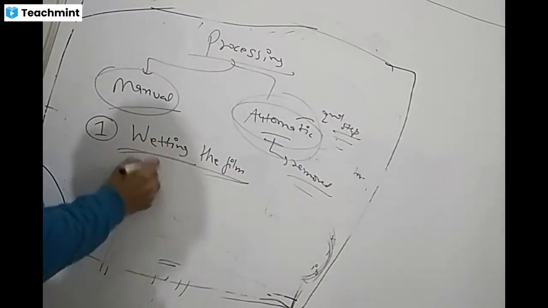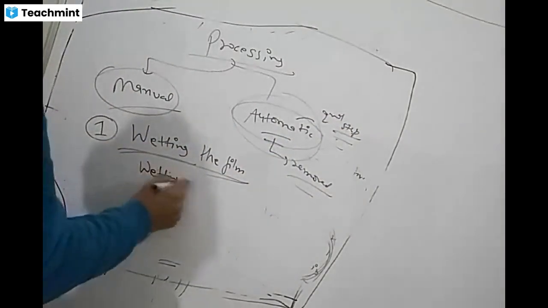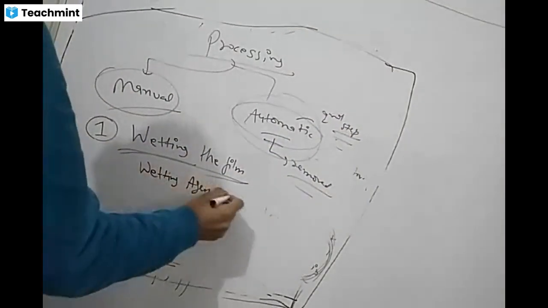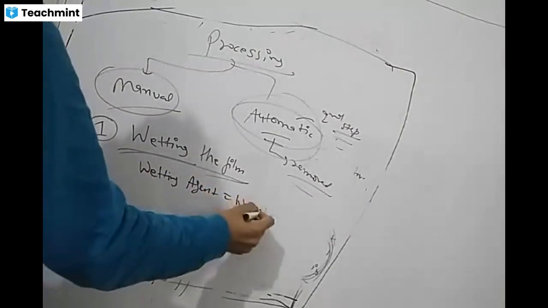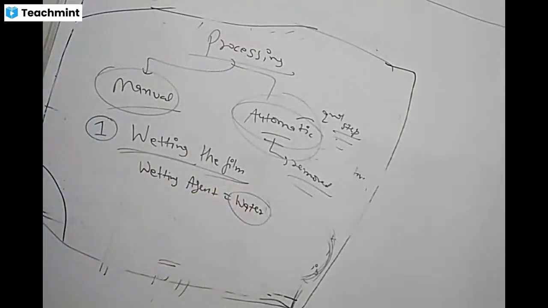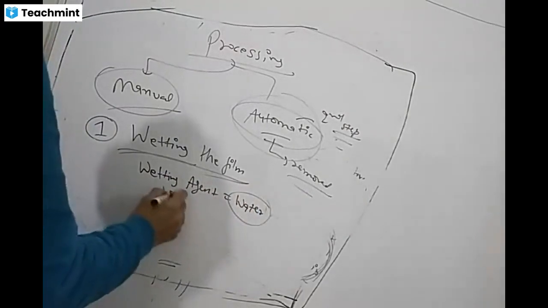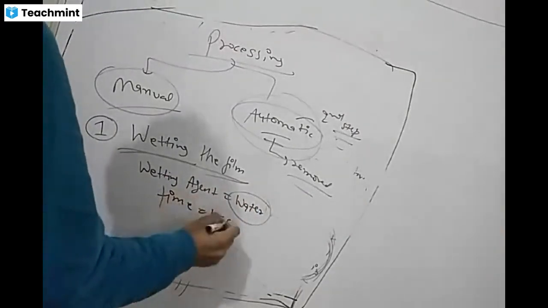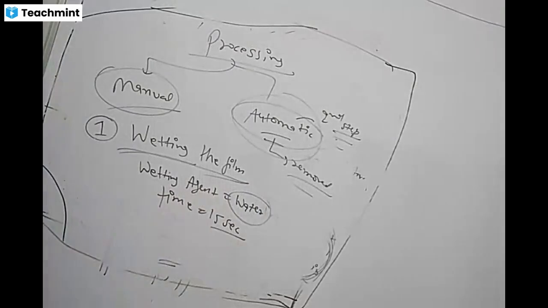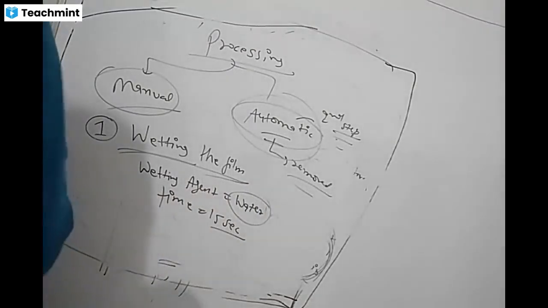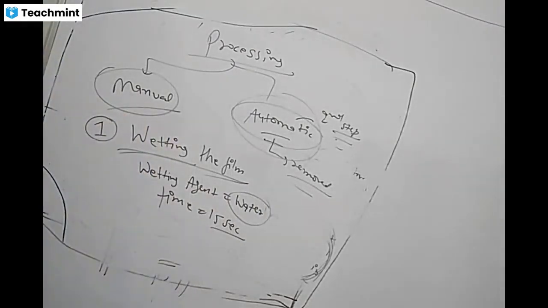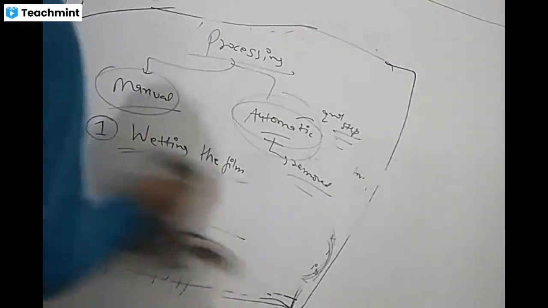So wetting of the film, why is it important? First remember, what is the wetting agent? That is nothing but your water. Time for this wetting is 15 seconds. Why are we giving this water to the film?